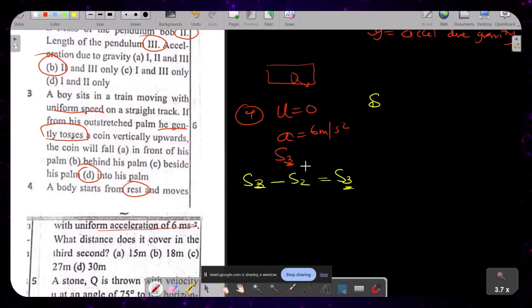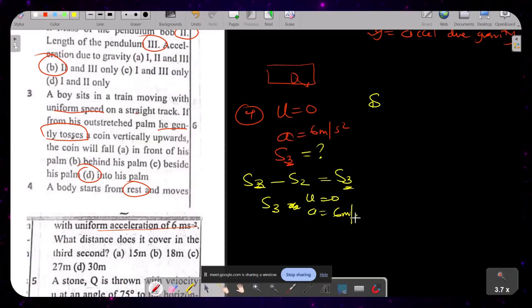Now for you to do that, what are you going to do? First of all, the distance at the third second is going to be what? You already know that your u is equal to 0. Your a is equal to 6 meters per second squared. Then the time for the third second will be 3.